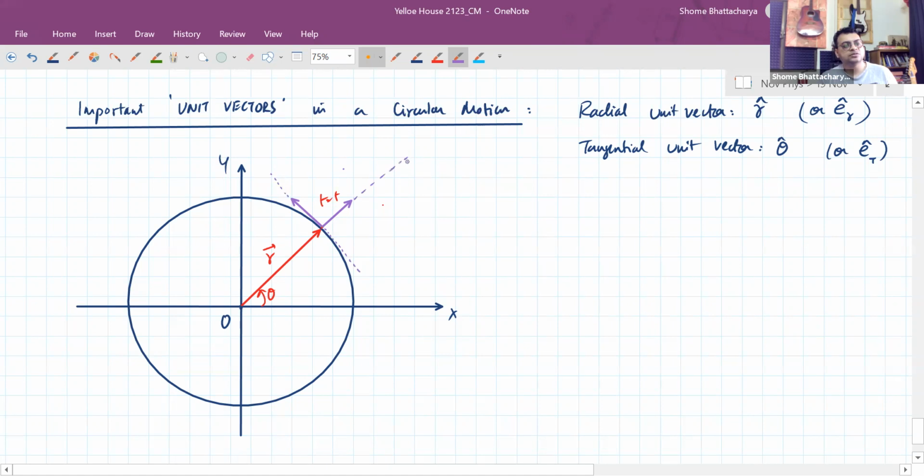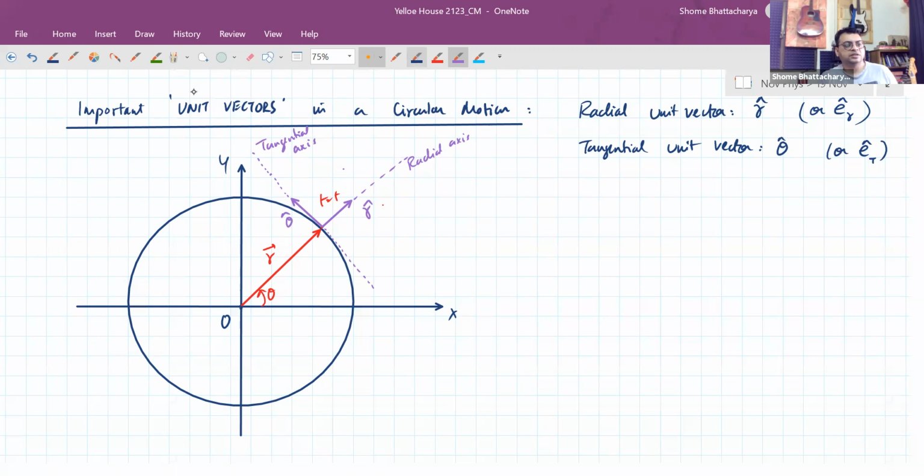So this in general is called the radial axis. And this direction becomes the tangential axis. So here this unit vector is r cap, this unit vector is theta cap.